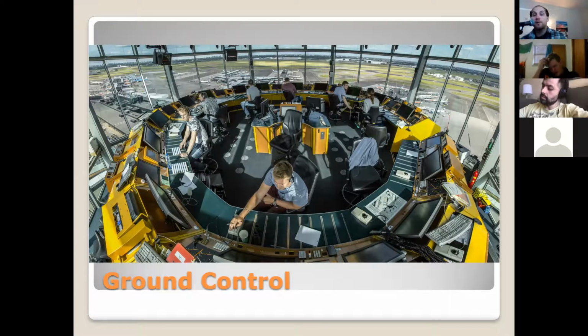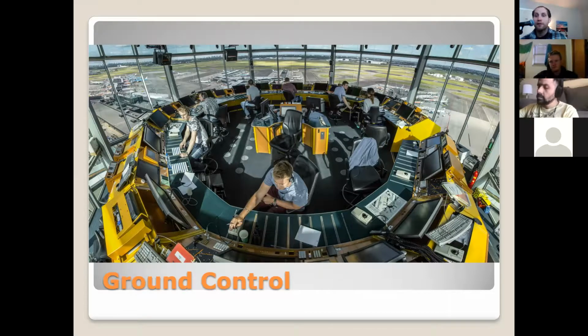Ground control is who is going to give you the clearance to leave the apron to get into the taxiway structure all the way up to the hold short line for the runway. If you remember some of our slides from before, we have a movement, non-movement boundary line. That is the single dash with the single solid. The movement, non-movement boundary line is the single solid, single dash.